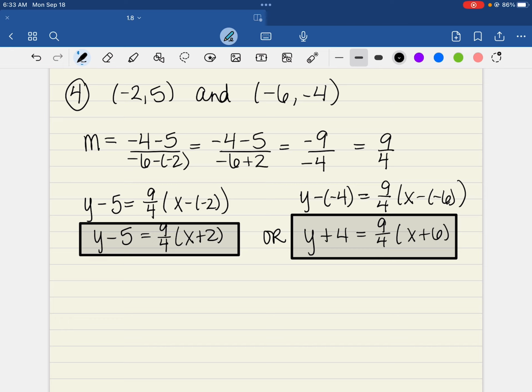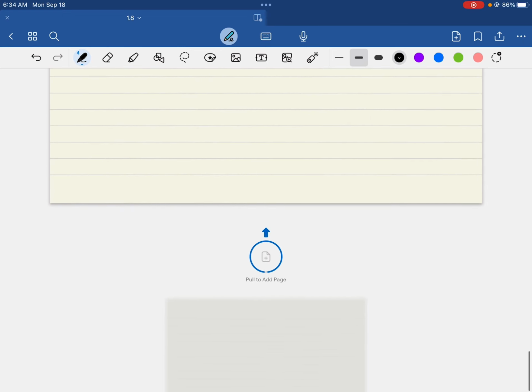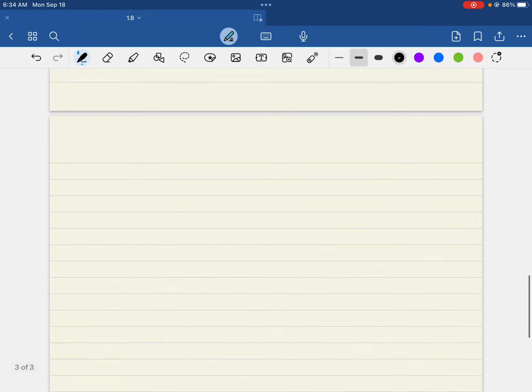Okay, and that is what we have so far on point slope form. The next form we're going to talk about is standard form. Okay, specifically IB standard form.